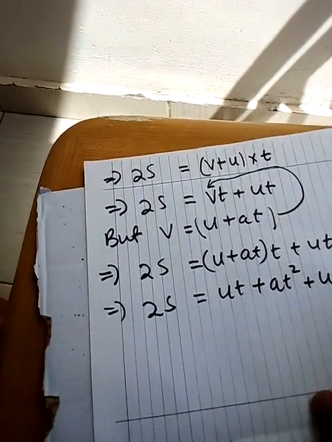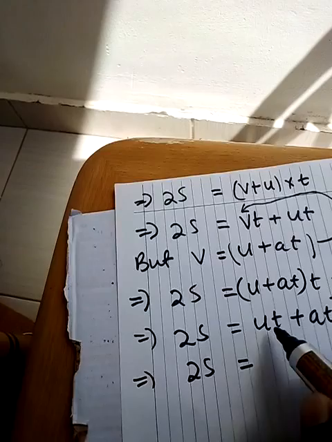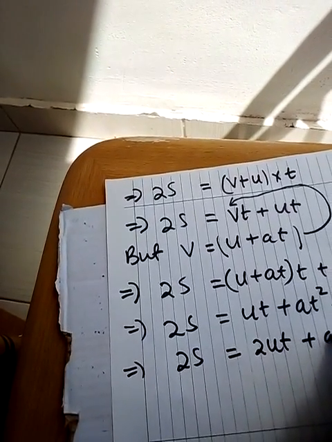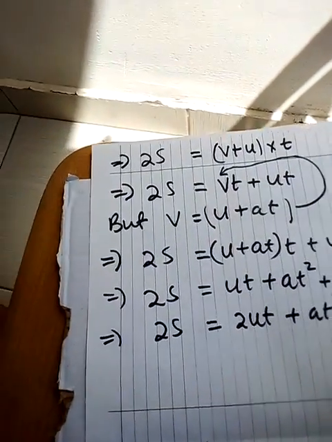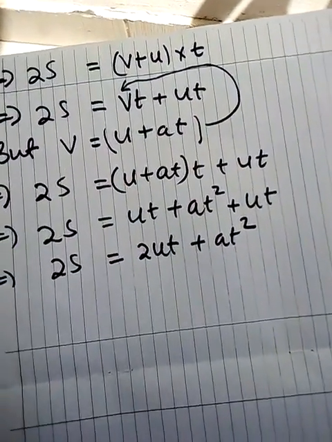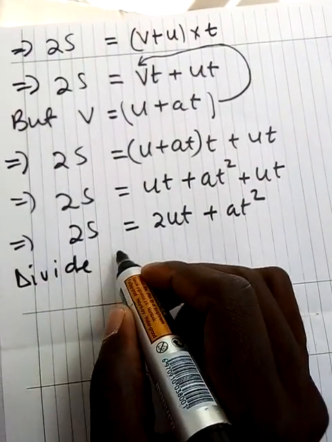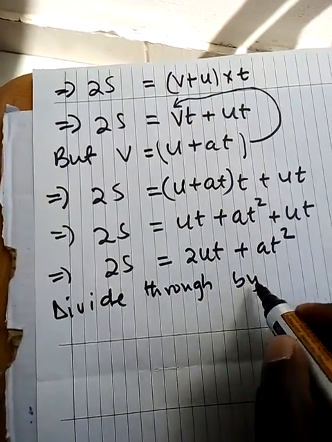Now we are going to collect the like terms. We have 2s is equal to 2ut plus at squared. Next we are going to divide it through, because we want to make s the subject of the formula. We are going to divide it throughout by 2.